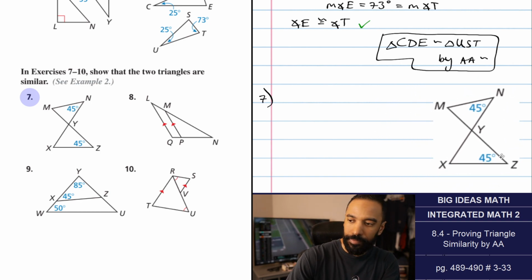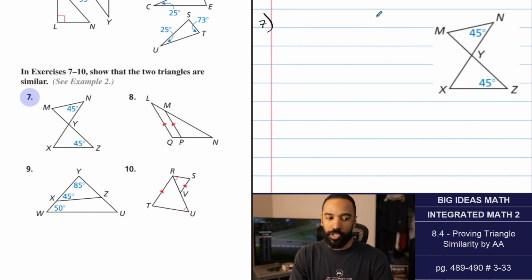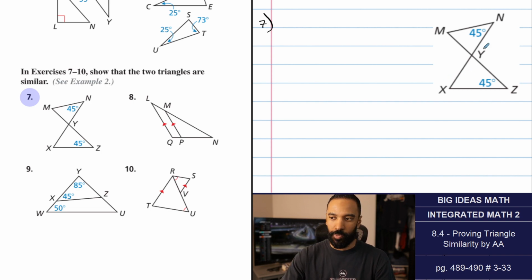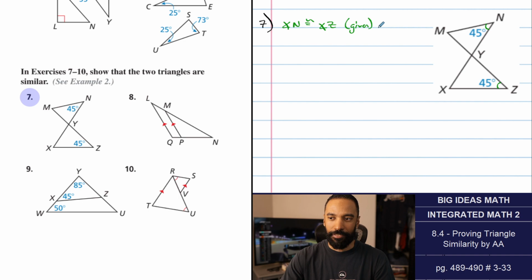Because this will be less about finding different angle measurements and more about using the ones you have. Angle N will be congruent to angle Z because given. This is kind of a two-column proof.